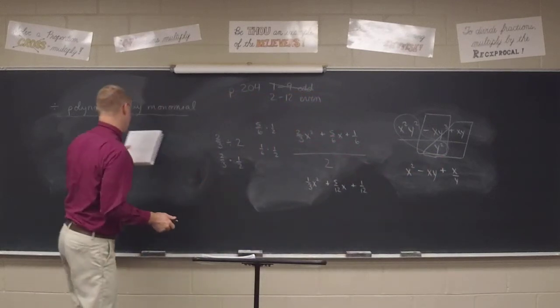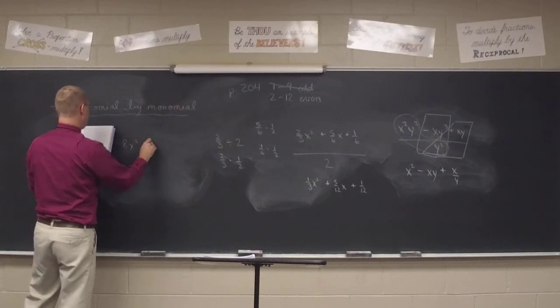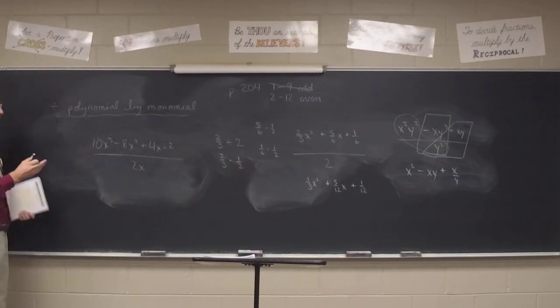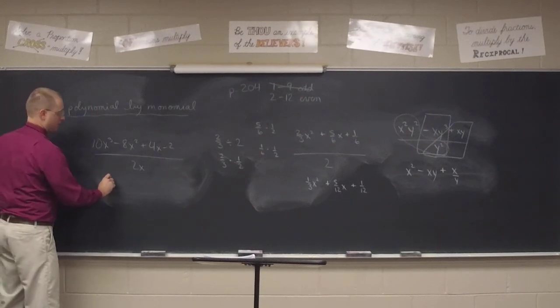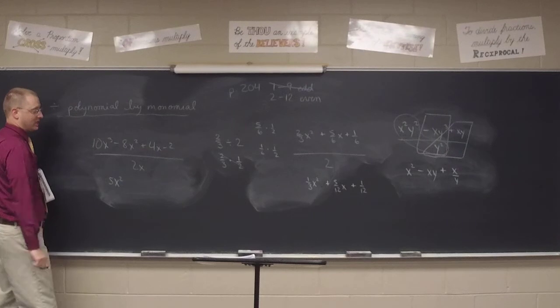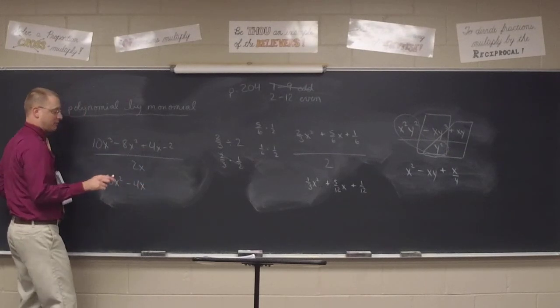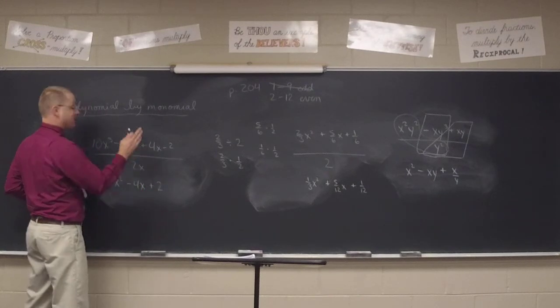Look at number 14. Very similar thing happens. We have the 10x cubed, negative 8x squared, positive 4x, negative 2, dividing all of it by 2x. Again, it starts out great. Sign number letter on the first term gives us 5x squared. Then the next sign number letter gives us negative 4x. The next gives us positive 2, and the x's cancel.